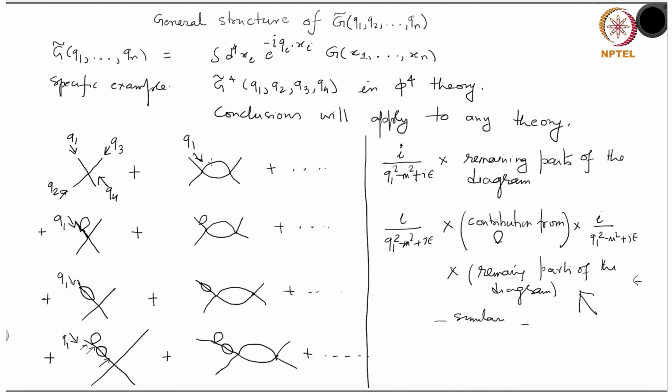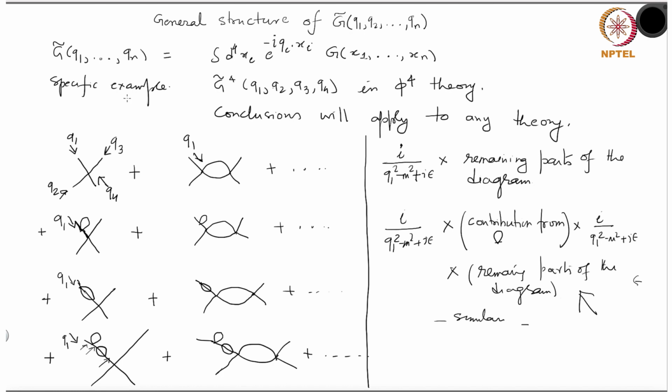Now, look at this second column. It has the same structure. That's how I have arranged everything. The only difference is that the remaining parts of the diagram here is different compared to the first column. But other than that, what happens on these external legs is identical.